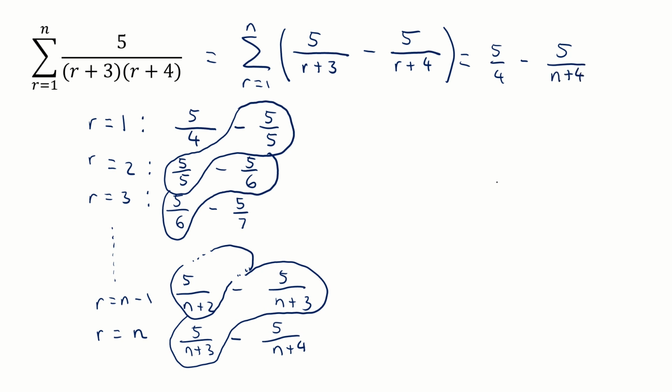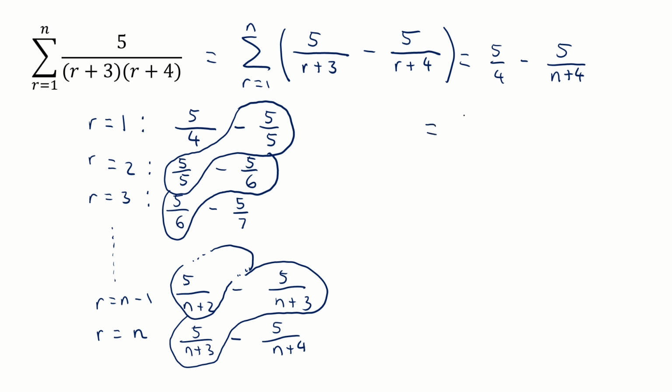The only thing I'd point out is that sometimes they want you to give the answer as one big fraction at the end, which again freaks out some people because they get to the stage of the working we're at and they go, oh my goodness, we've got two fractions, why does it look different in their answer? And it's just a case of combining the two parts of your answer.